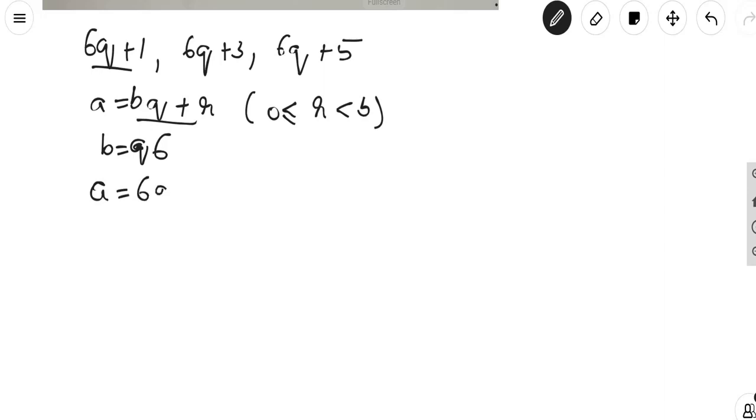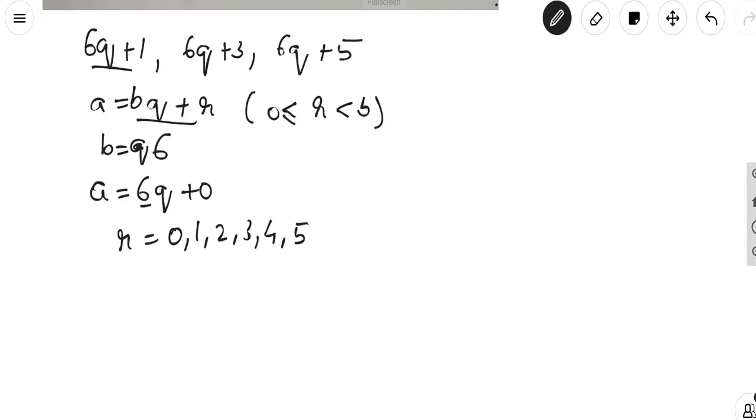So a is equal to 6q, plus the remainder; if I take 0, this will be 0. Now if I compare this, b is equal to 6. So r will be, comparing this and this, greater than or equal to 0, so it is 0, 1, 2, 3, 4 and 5.